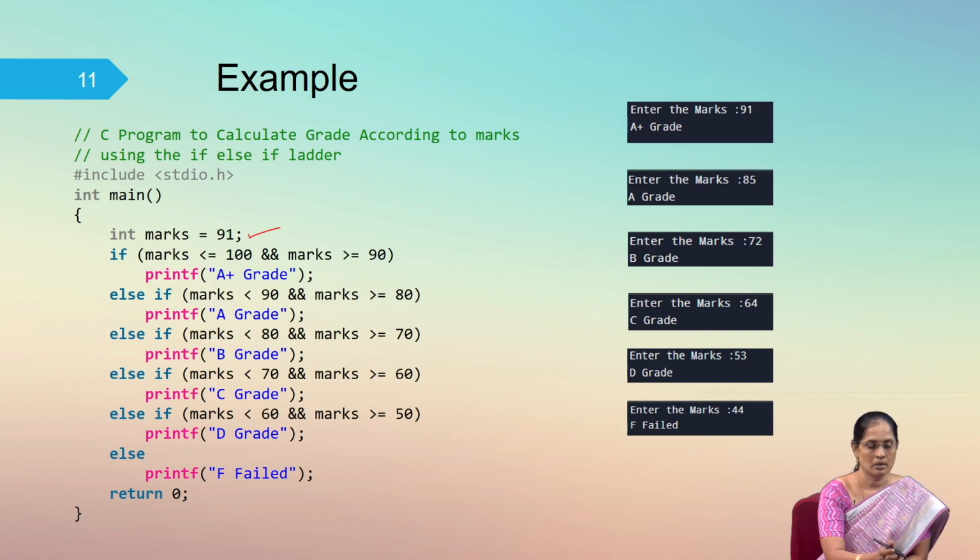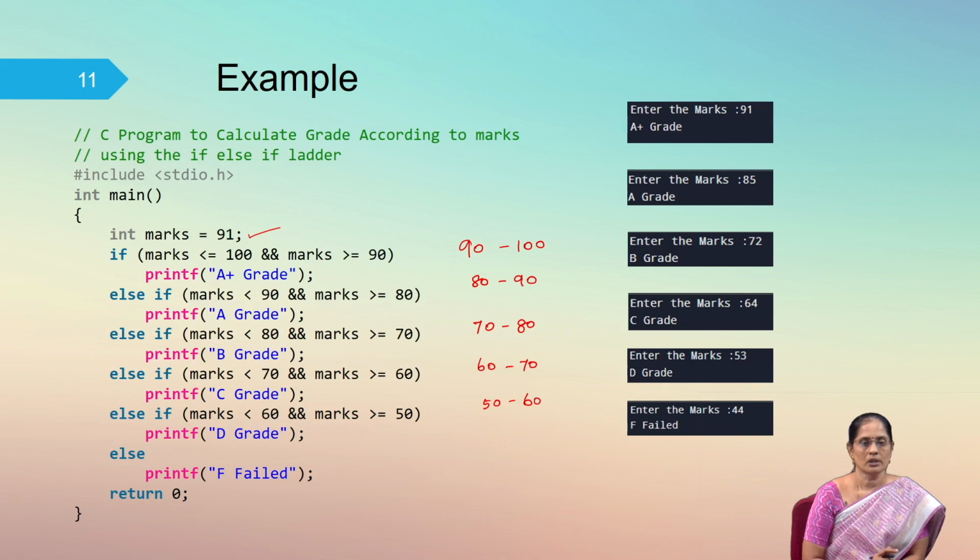Else if, in the sense that if it is not falling in the range 90 to 100, we are now having one more condition, 80 to 90. If it is again not falling in this range, we are checking for the condition 70 to 80, 60 to 70, 50 to 60.